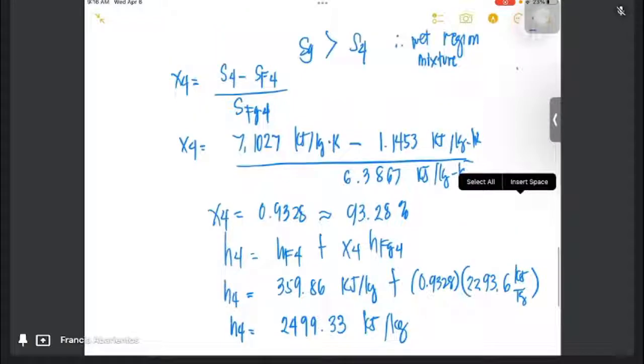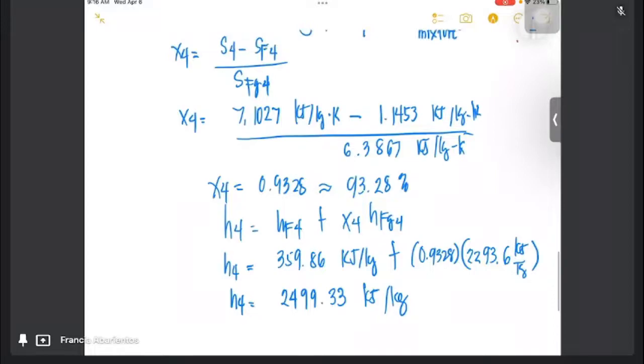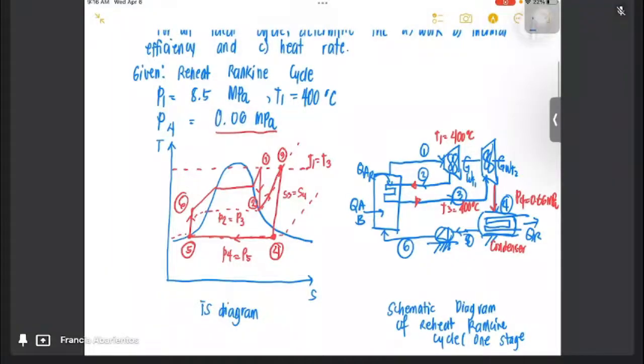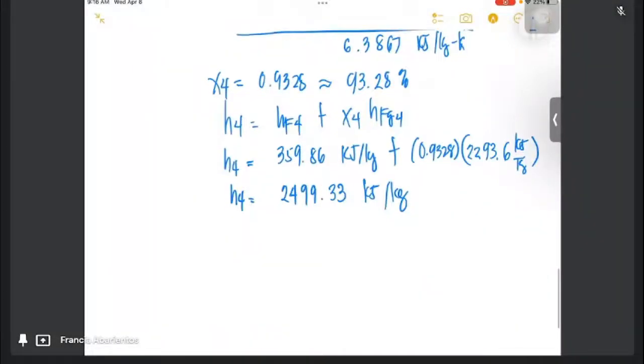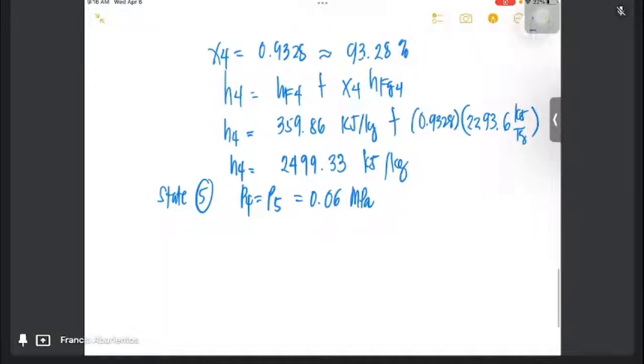Okay? At state 5, balikan natin. Yan. Pressure 4 is equal to pressure 5. State 5. Ano yun sa state 5 natin? So, pressure 5, which is equal to 0.06 MPa. Ngayon yung kukunin natin. Since yung pump natin from process 4 to 5, nandyan yung pump, we make use of the, ano yung hahanapin muna natin?